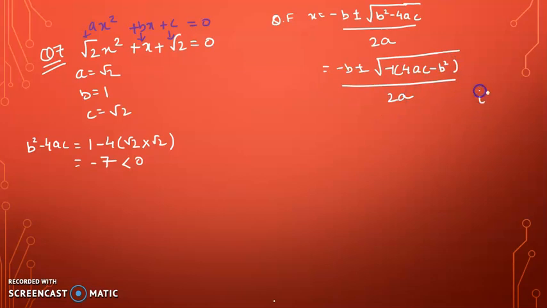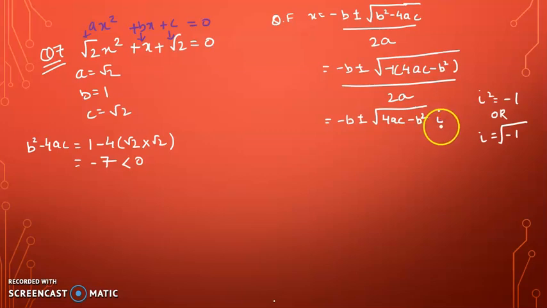I square is equal to minus 1, or i is equal to square root of minus 1. This square root of minus 1 I can write as i, and the rest I will leave as it is under the square root. So I will rewrite this as minus b plus minus square root of 4ac minus b square, and i.